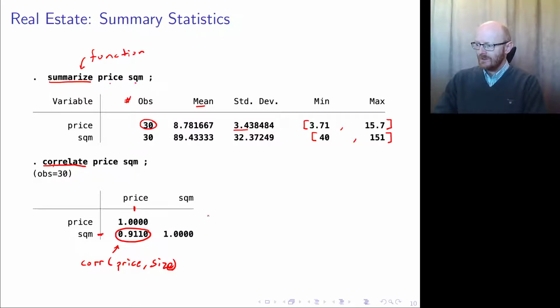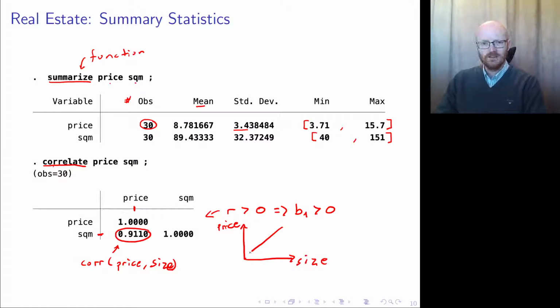And we see that the correlation is greater than 0, which means that the slope is greater than 0, which means that our graph will look something like this, with price and size.